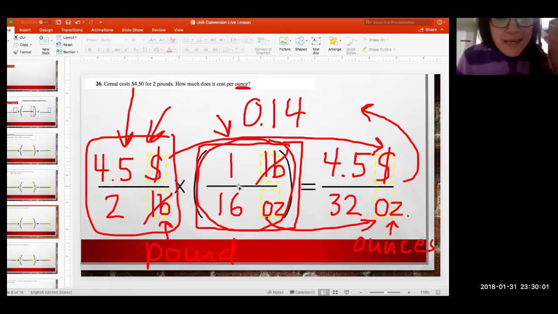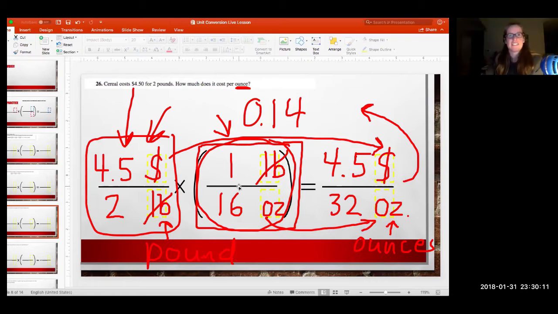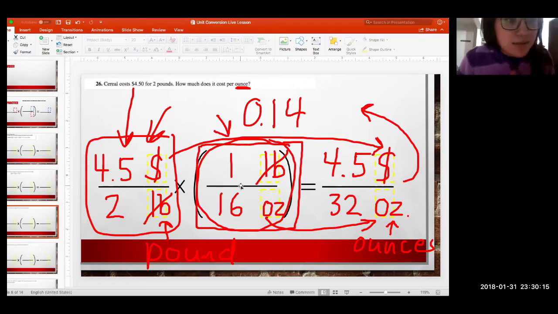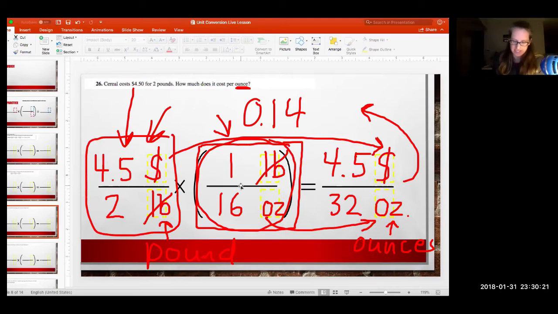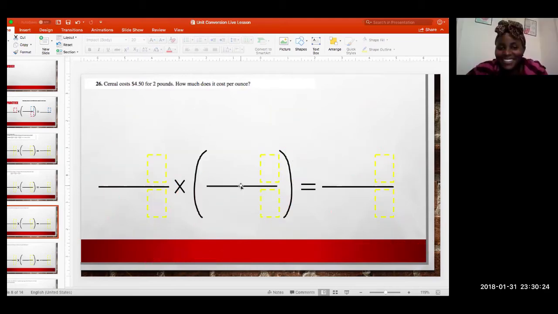And Lena, you can find this information about how many pounds or ounces in the textbook. Yes, I think in part A, maybe because I've not looked at the things yet. It's okay.